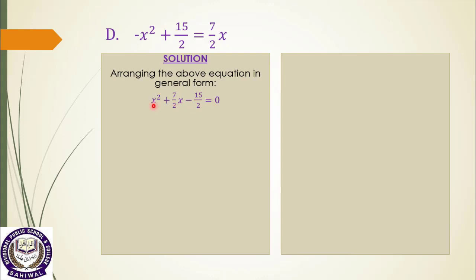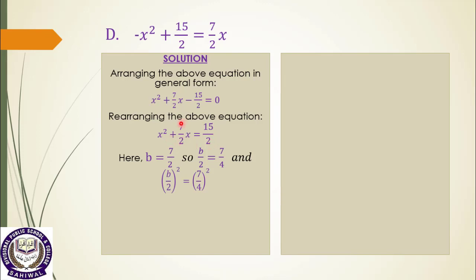In this equation, the coefficient of x square is already 1. So we arrange the equation by taking constant from left hand side to the right hand side. As a result, we get x square plus 7 by 2x equal to 15 by 2.